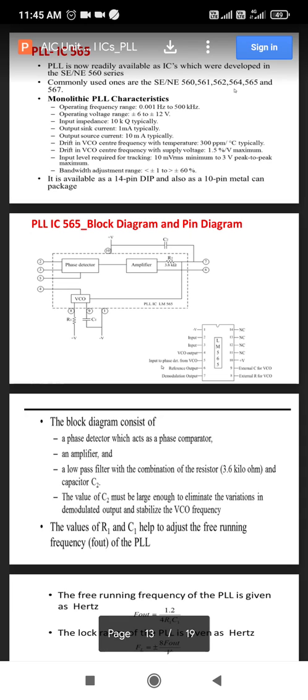The first pin is the negative power supply, minus VCC, with a range of minus 6 volt to minus 12 volt. Similarly, the positive DC power supply connects at pin number 10, plus V, with a range of plus 6 volt to plus 12 volt. Between this range you can connect the power supply.